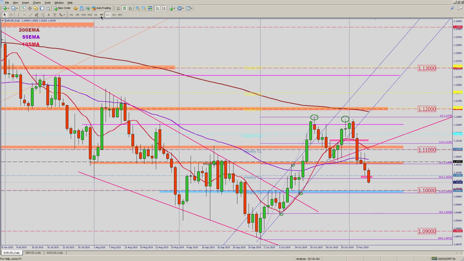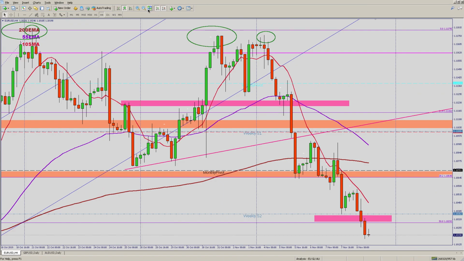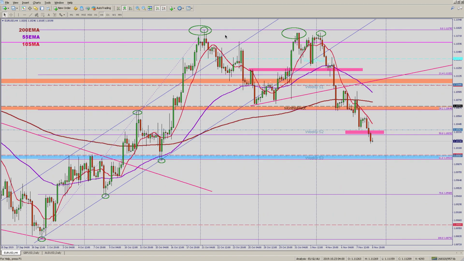Alright, let's take a look at the 4-hour time frame. And in fact, this would be a triple top already, and drifting lower from below the 200 period EMA and the previous support zone where the 38 pip was, and a monthly pivot, and then cutting through the 50 pip retracement level now.